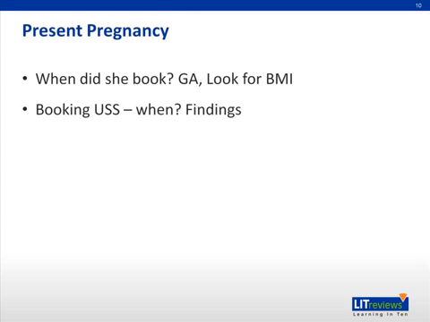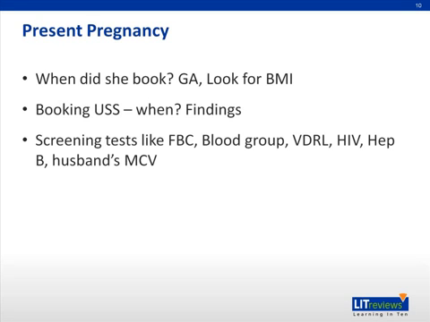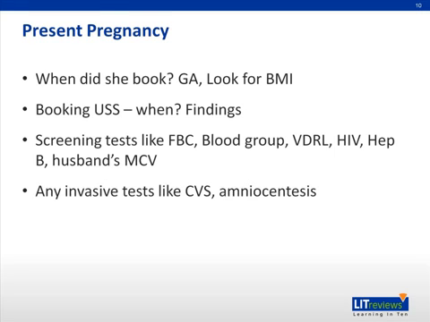If so, at what gestation, and what are the relevant findings? And whether she had the first trimester screening tests like full blood count, blood grouping and antibody testing, tests for syphilis, HIV, hepatitis B, and the thalassemia status of the husband. And did she have to undergo any invasive testing like chorionic villus sampling or amniocentesis?